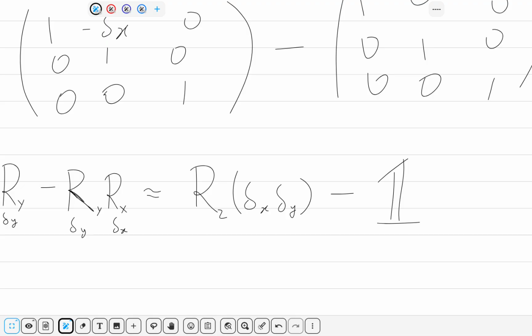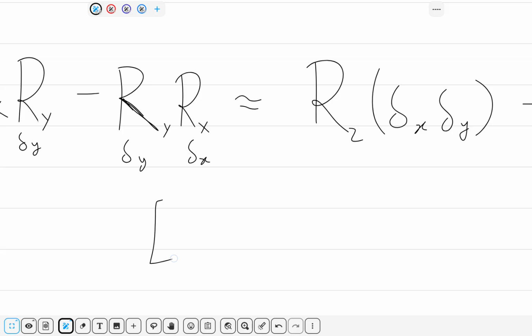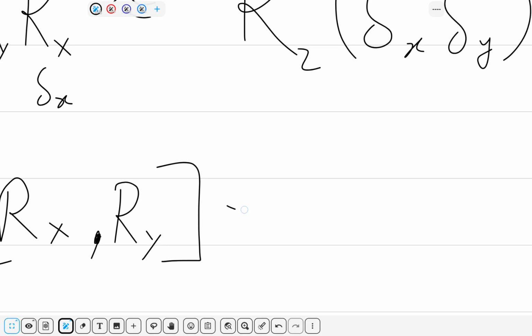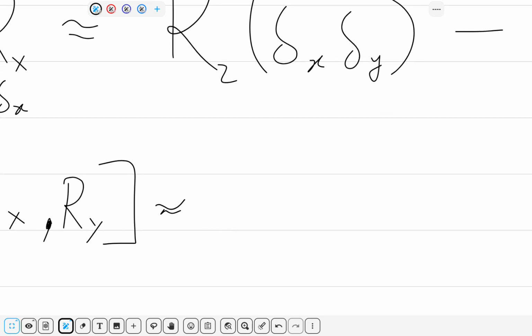In short form it is written like this: the commutator of the rotation operator in x with the rotation in y, for tiny rotations, is for small rotations only almost equal to a rotation about the z axis.